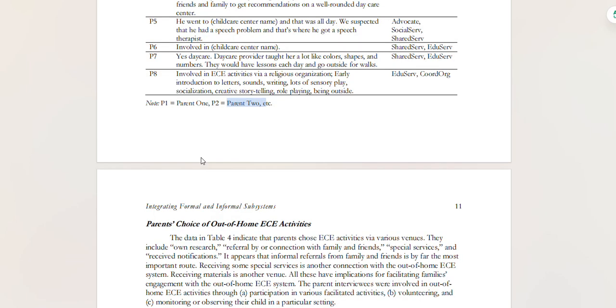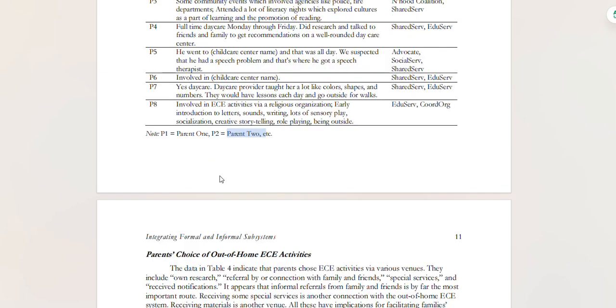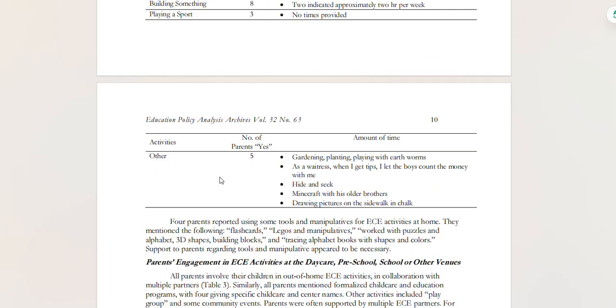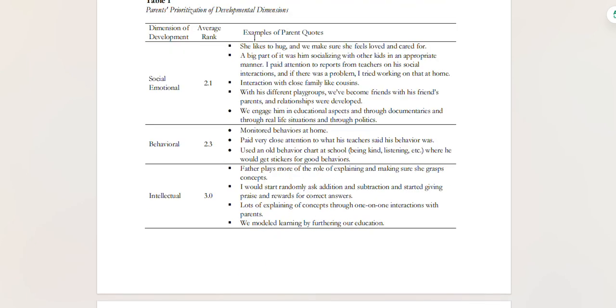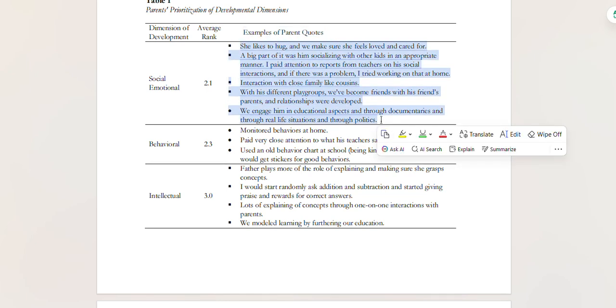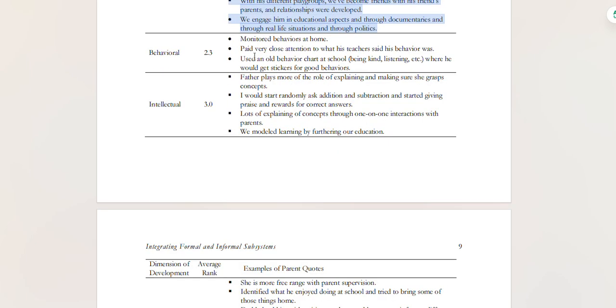Now, let's take note also of the participants' quotes. These are the evidence from the interviews. So, as we can see from tables 1 to 3, there are examples of parent quotes or the responses of our participants.